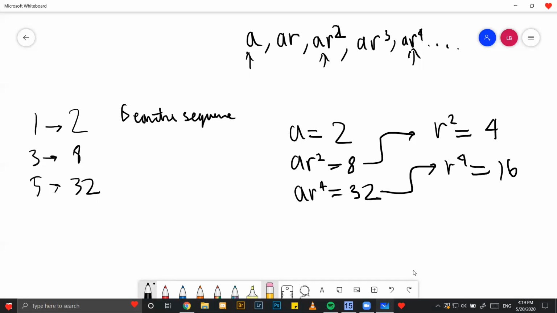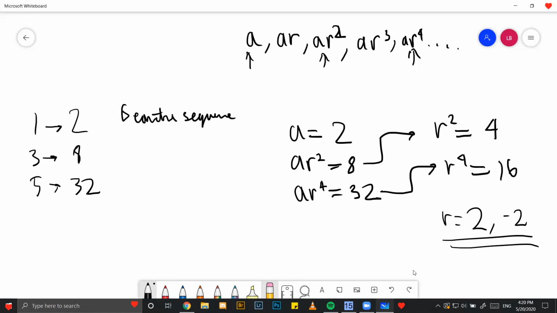Then you can see that R is equal to 2 from both of these equations. Note it could be R equal to 2 or negative 2, and that's something they could also ask you. They could ask what the two possible ratios are. In this specific scenario there are two possible ratios, 2 and negative 2, because R squared equal to 4 can be satisfied by 2 or negative 2, and R to the power of 4 equal to 16 can also be satisfied by 2 or negative 2.